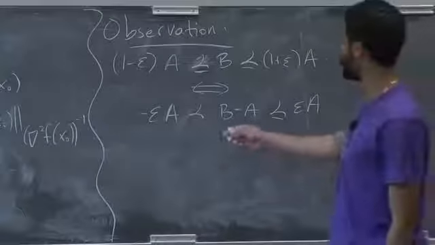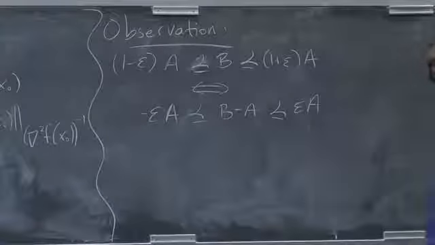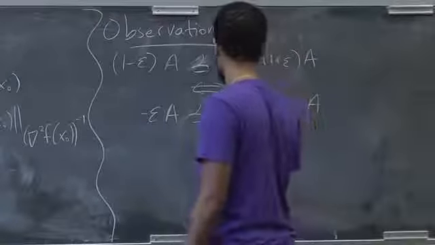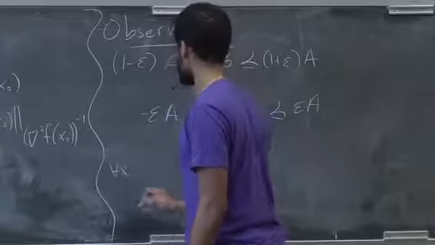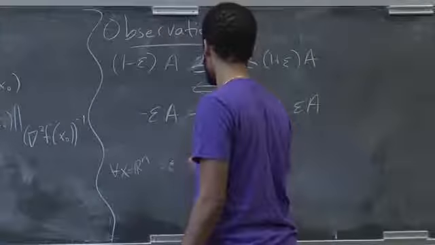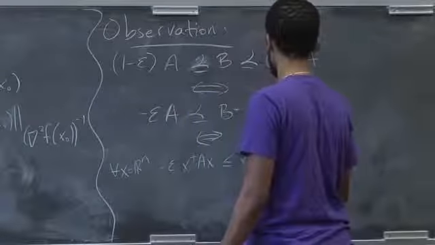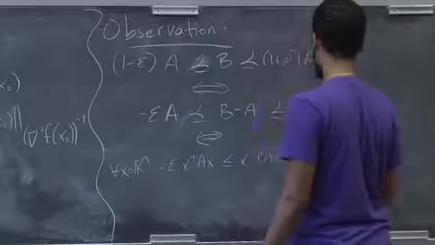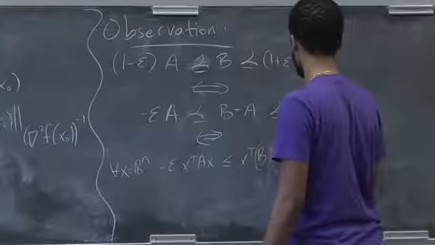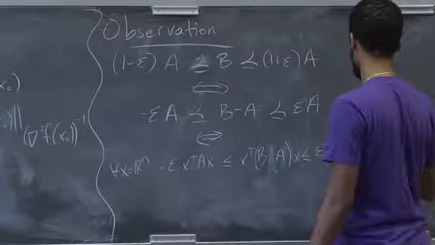Remember the definition of an operator norm. This means that for all x in Rn, minus epsilon x transpose Ax is at most x transpose (B minus A) x, and that's at most epsilon x transpose Ax.